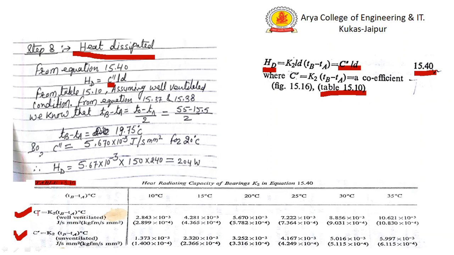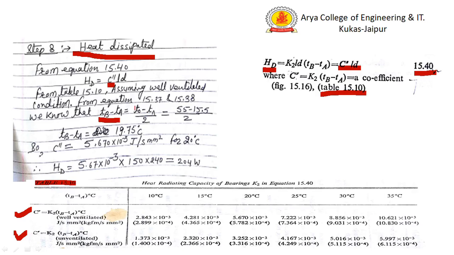So for calculating C double dash, first calculate TB minus TA. TB is the bearing temperature and TA is the ambient temperature, 15 degrees centigrade. So this is the value of TB minus TA.